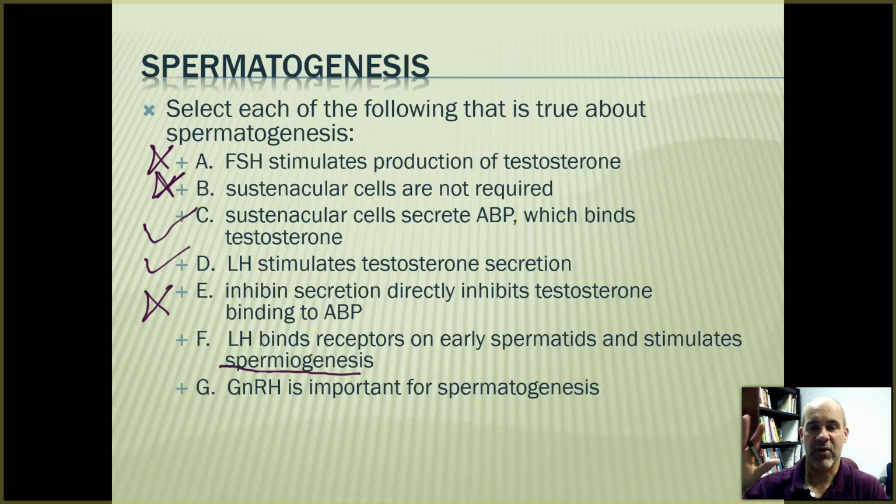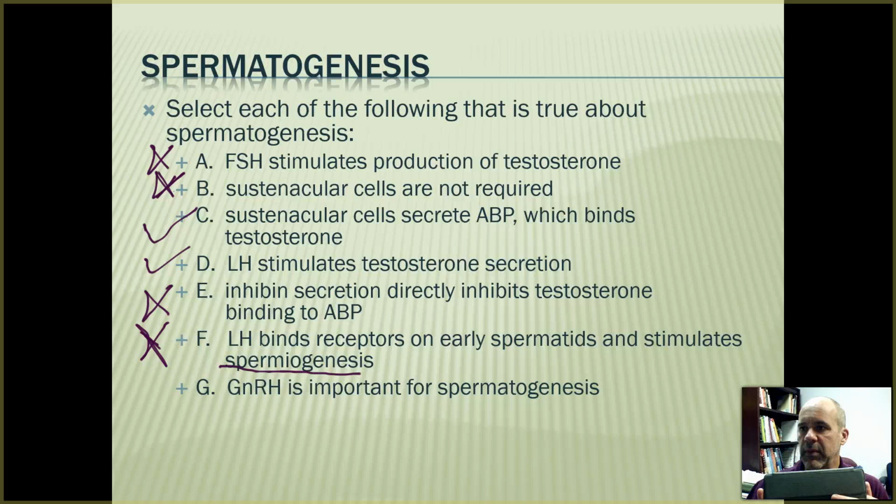Spermatogenesis is describing this whole process of going from the spermatogonium to primary spermatocyte, secondary spermatocyte, early spermatids, etc. Spermiogenesis is after you have the early spermatids, so the meiosis steps are over, those round cells going through the dramatic changes so that they look like sperm cells, so that they have a head and a midpiece and a tail. And that's the spermiogenesis part. And no, that was not a function of LH that we discussed.